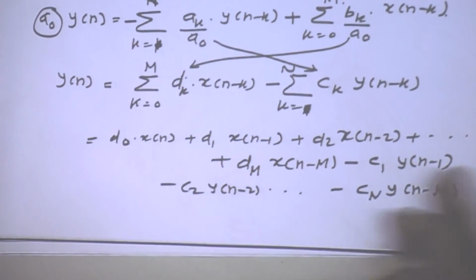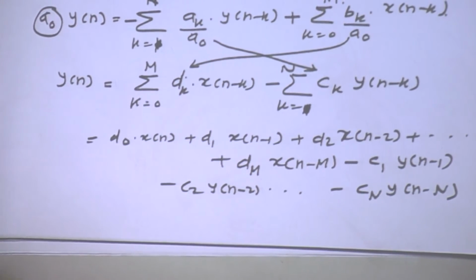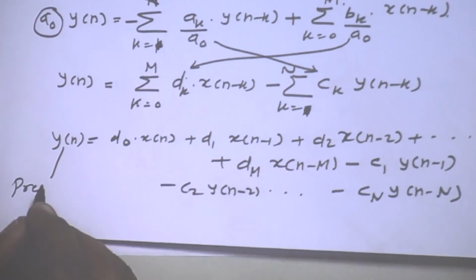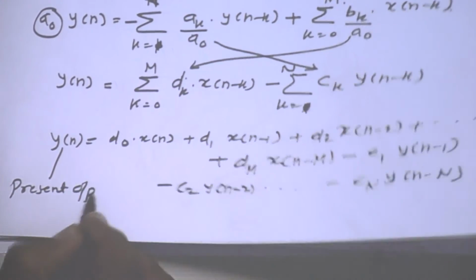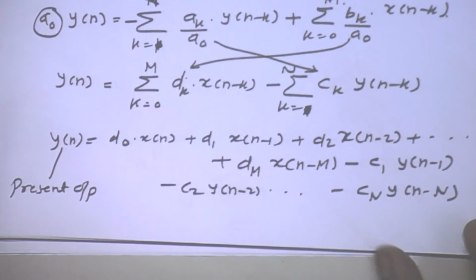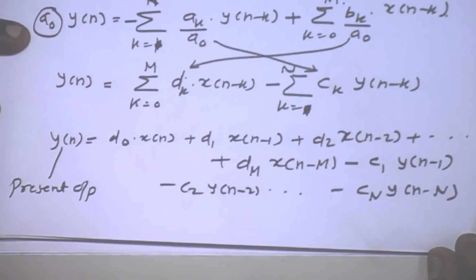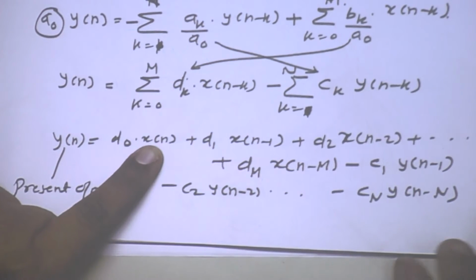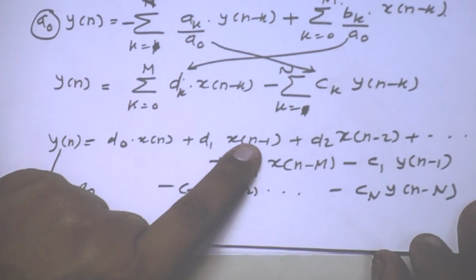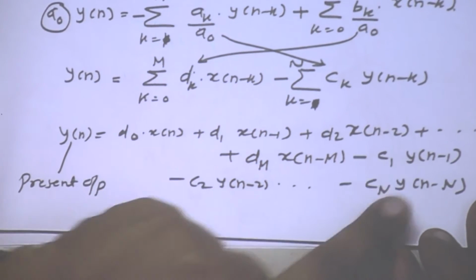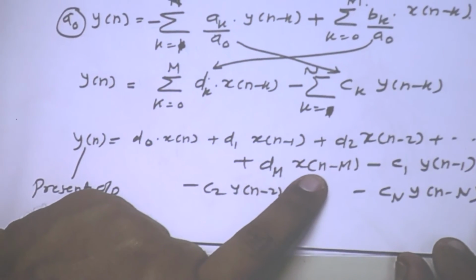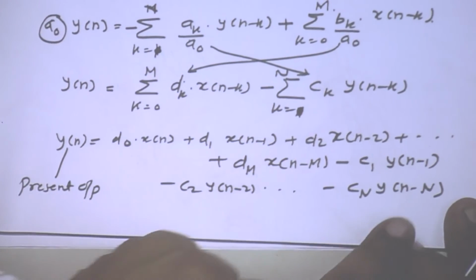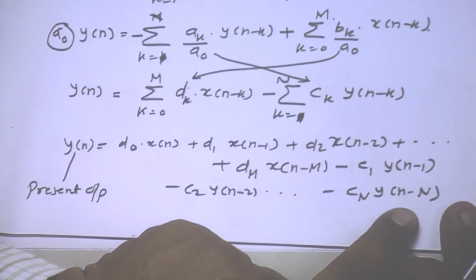So now can you read this? What is y of n? y of n is the present output. The present output is a linear combination of the present input, m past inputs, and n past outputs.